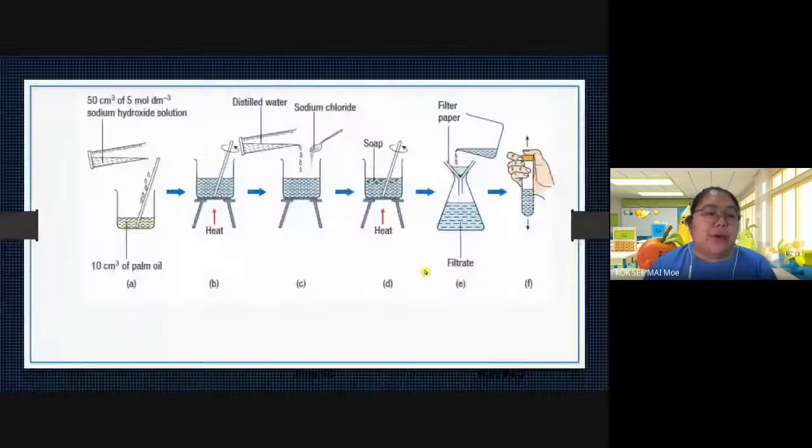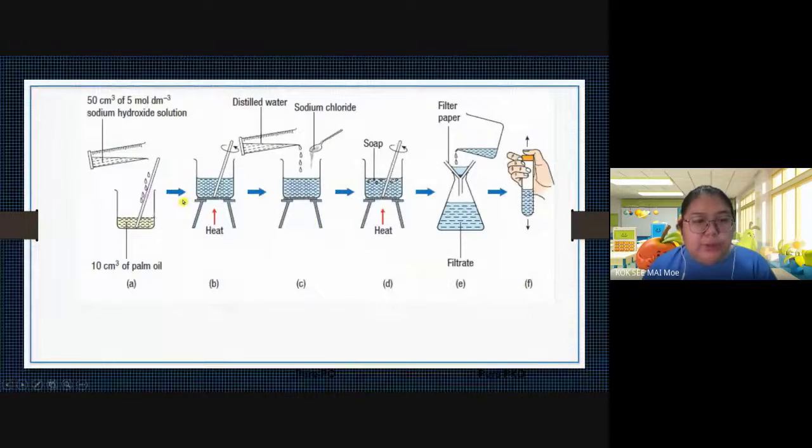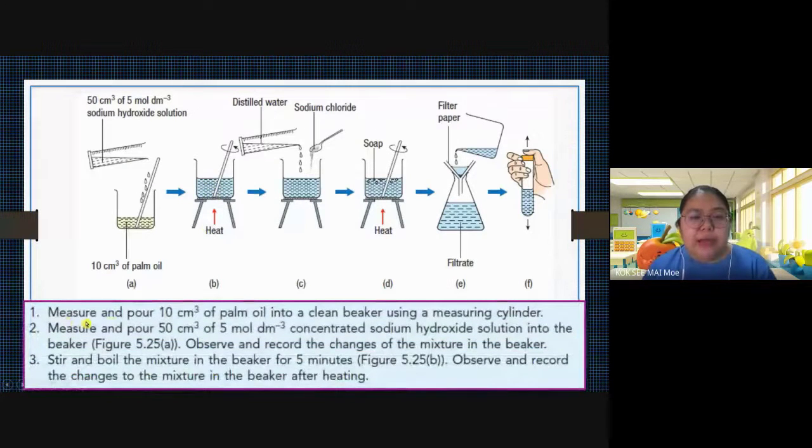Okay, in the first step you can see we use the beaker. We put in around 10 cm³ of palm oil. Then you add 50 cm³ of sodium hydroxide and put the salt in. After that you need to heat. Then we look at the procedure. Measure and pour 10 cm³ palm oil into a clean beaker using the measuring cylinder.